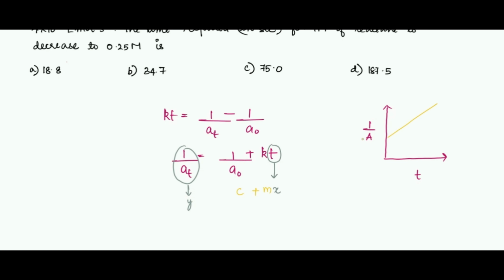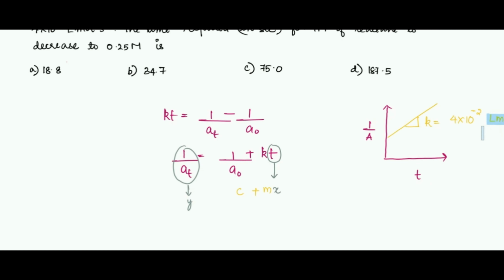So I have 1 by A along my y-axis. I have T along my x-axis. My slope is k. The value of k is already given. What is the value? 4 into 10 to the power minus 2 liter per mole per second. Okay, the rate constant is satisfied.